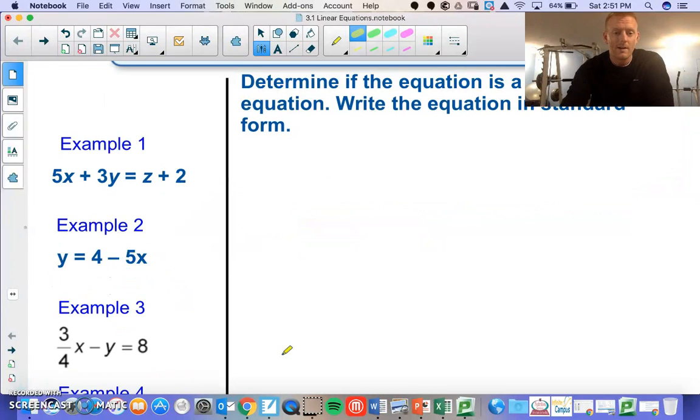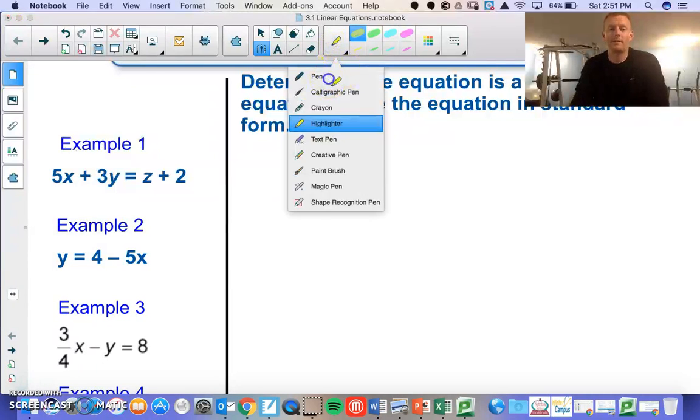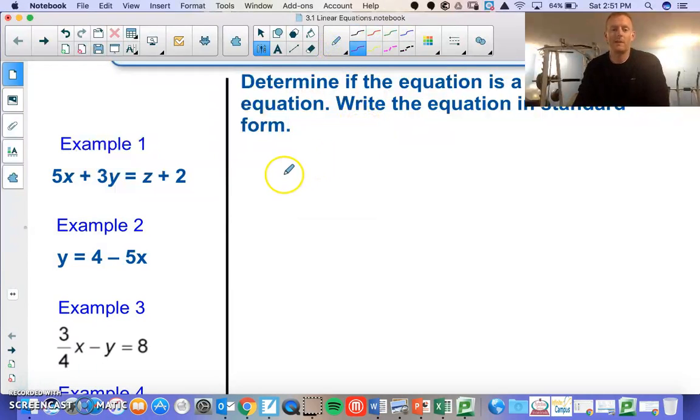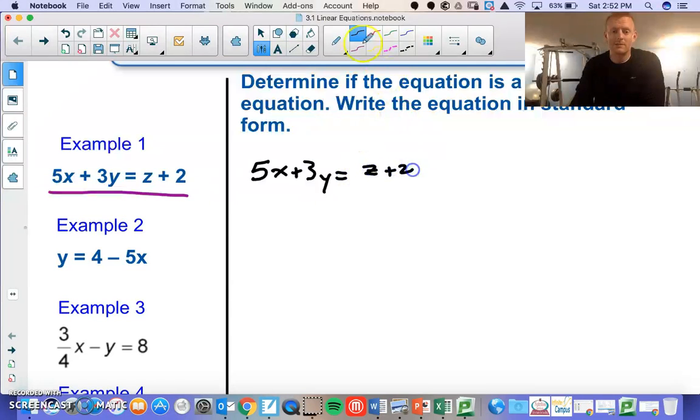Sweetness. All right. The first part of our assignment has us asking the question: are we able to determine if an equation is linear, basically just by looking at it? If it is, we'll put it into standard form. If it's not, we'll just say it's not linear. On our very first example, we have 5x plus 3y is equal to az plus 2.